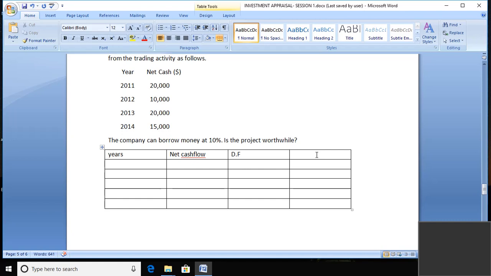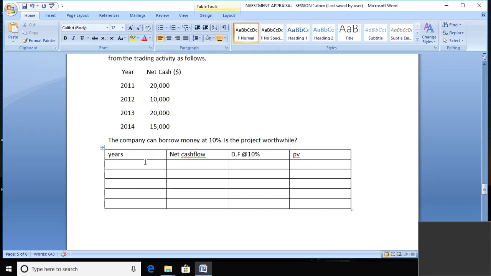When you multiply the discounting factor with the future value, that should give you the present value. The discounting factor is at 10%, so you go to the present value table, go to the 10% column, and begin to pick the values.